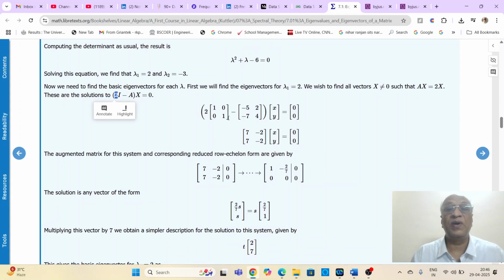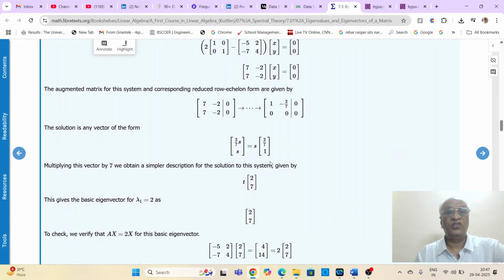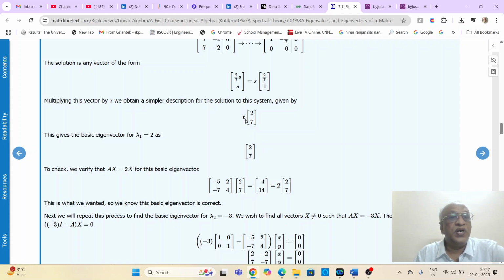I is an identity matrix again, and here we are taking X as x y, which will be equal to 0 0. Now once I simplify this, I'll be getting the values like this: 2 by 7 and 1. So for lambda 1 equal to 2, we'll be getting the eigenvector as 2 and 7.